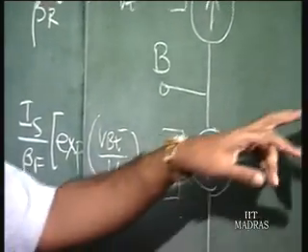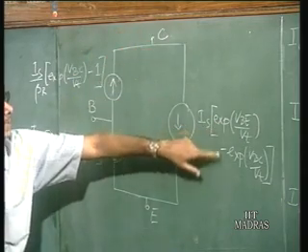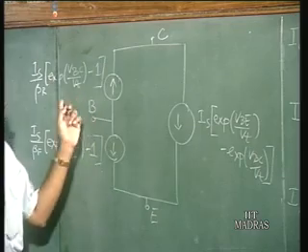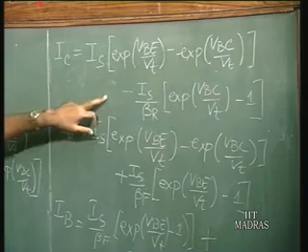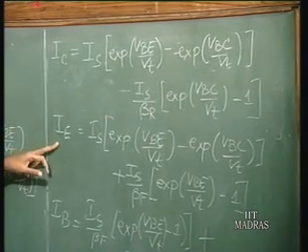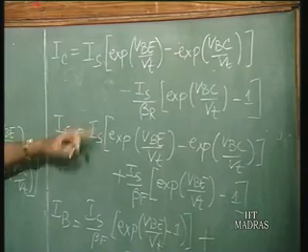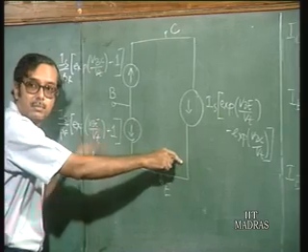So, the collector current flowing down is this current source minus this current source, which is flowing this way. So, Is exponential Vb by Vt minus 1 minus Is by beta r exponential Vbc by Vt minus 1. What is the emitter current? It is the sum of these two current sources. This is this current source plus this.